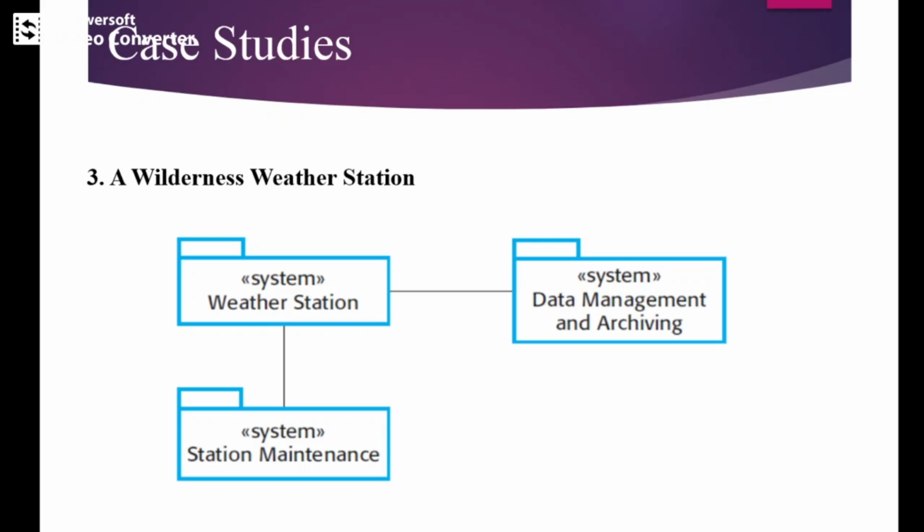So what do these weather stations do? These weather stations collect data from a set of instruments that measure the temperature, pressure, rainfall, sunshine, wind speed, wind direction, etc.